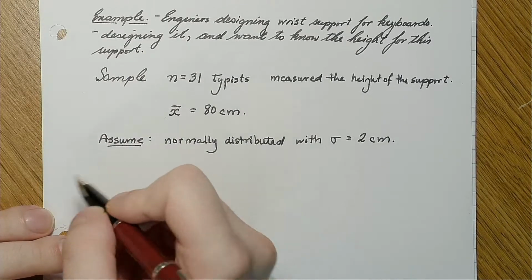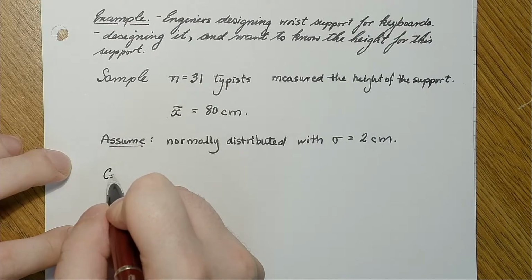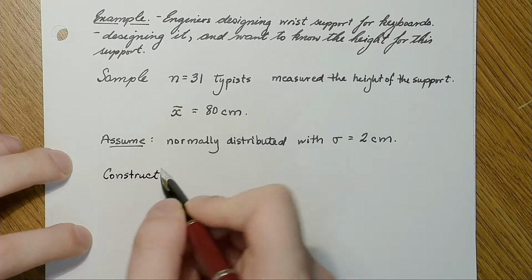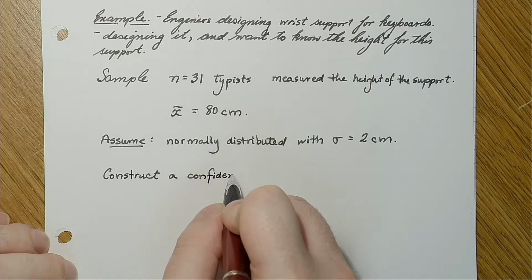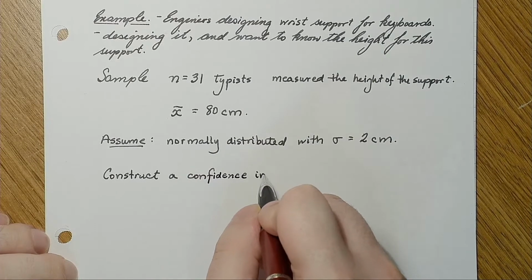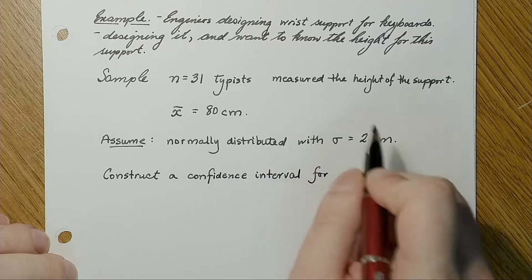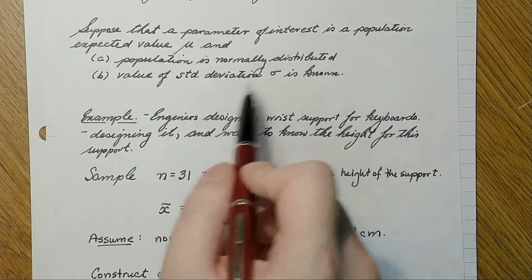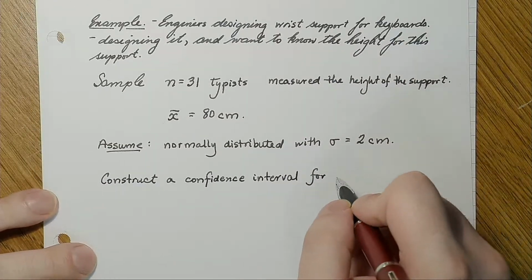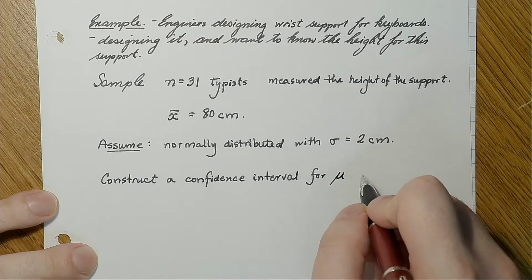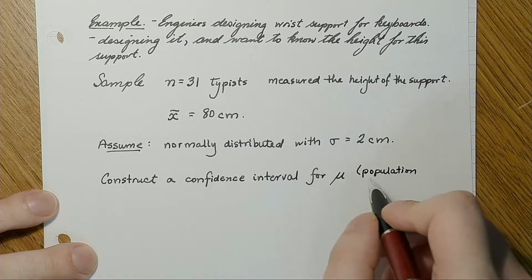So they want us to construct a confidence interval for the expected value. What we want is the expected value for the population, so for mu, the population expected value.